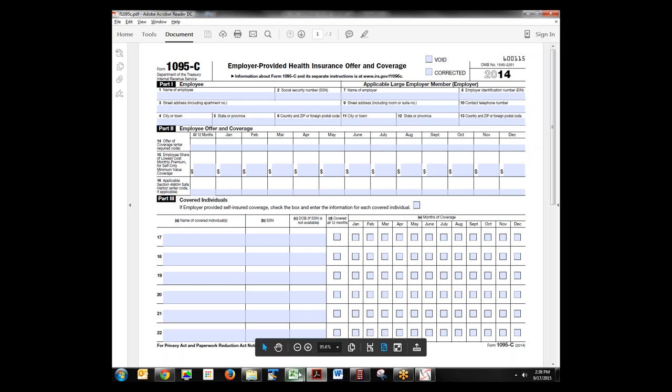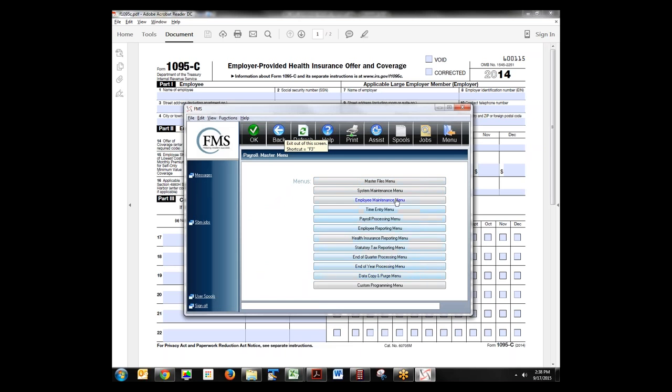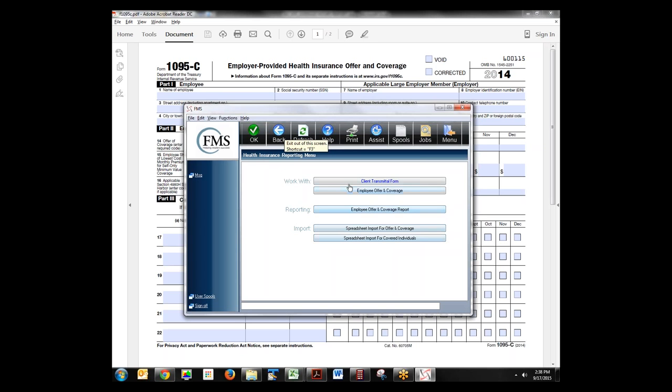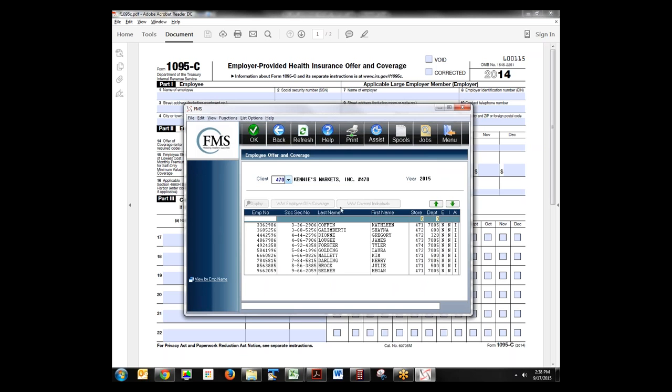So let me start with, of course, going through the application in order to input this data. So when we go into the health insurance reporting menu and into the employee offering coverage, essentially, we just list all the employees.